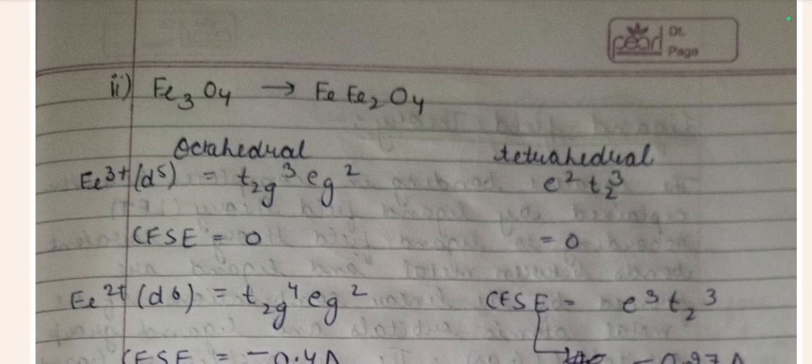Similarly, in the case of Fe3O4, it changes into Fe2O4. In octahedral complexes, Fe3+ has electronic configuration t2g3 eg2, the CFSE is 0. In tetrahedral, Fe3+ having electronic configuration e2 t2 3, the CFSE is also 0.